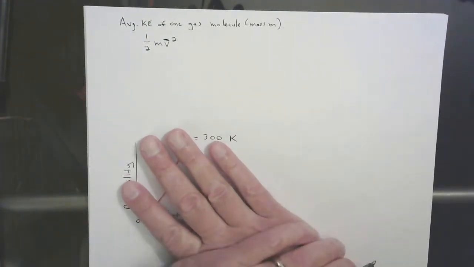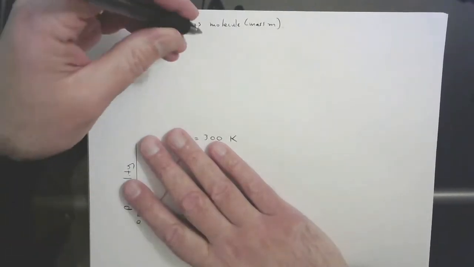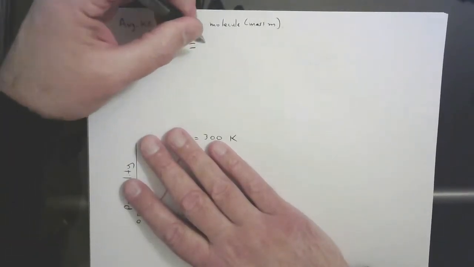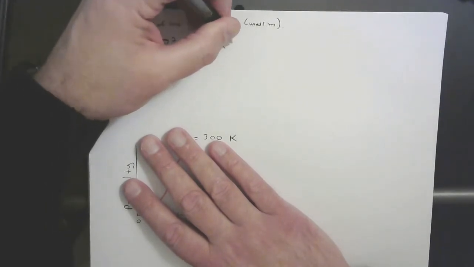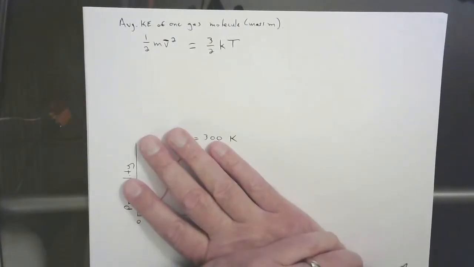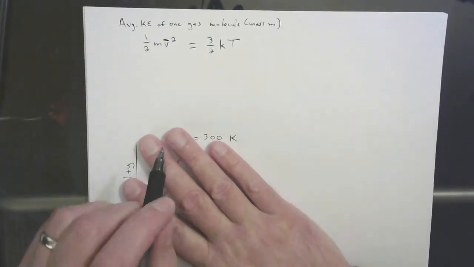Now here's the cool and amazing and wonderful bit: we can write an equal sign here and put a 3/2 kT. And if you think about it, it's a little mind-blowing.